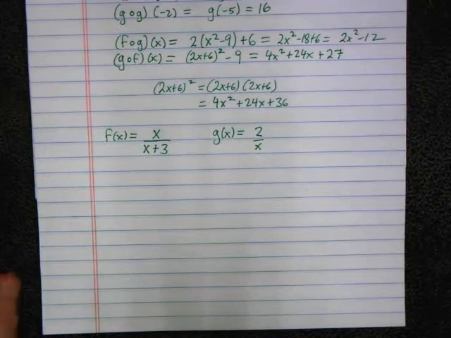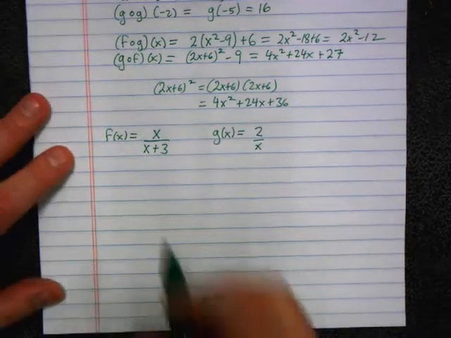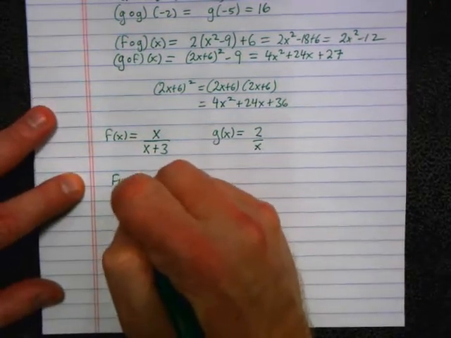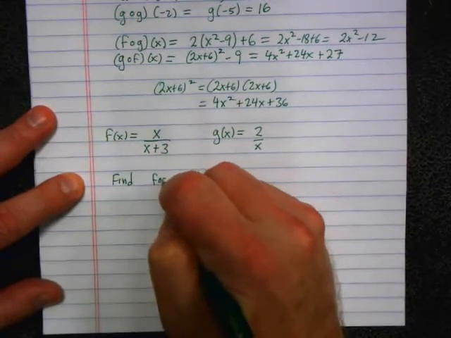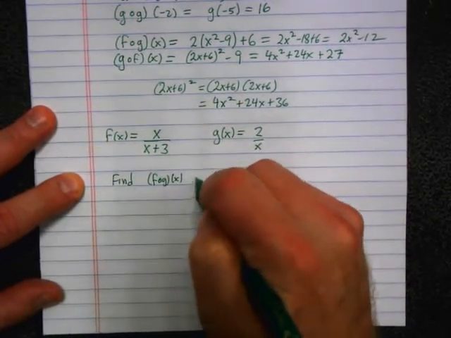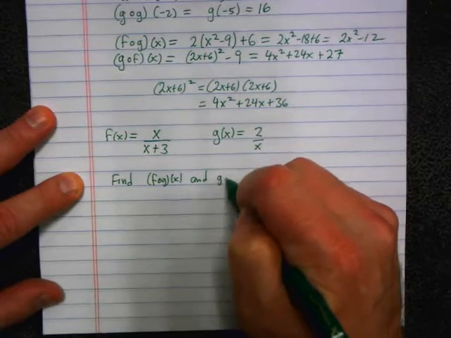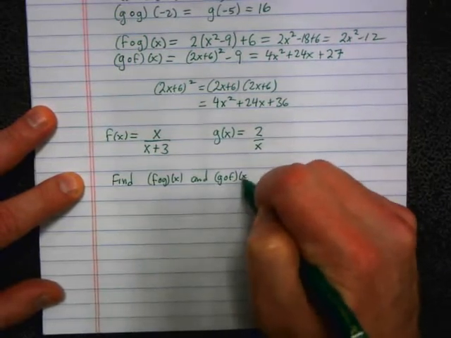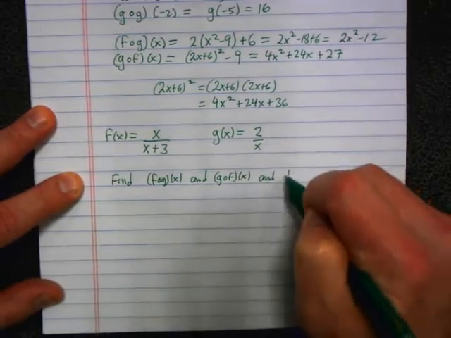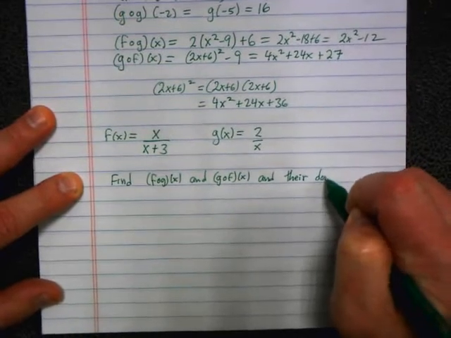It has some functions with some fractions in them. And the directions are going to be: find f composed with g and g composed with f and their domains.